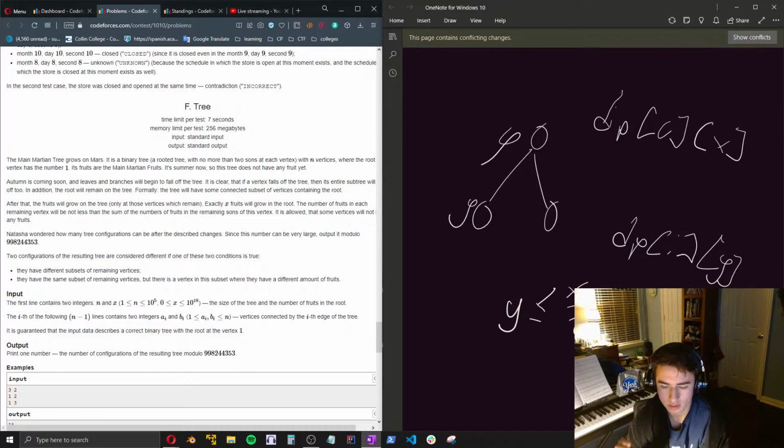Or let's just call this Y. This will go to dp of X plus... So you have the sum of the subtree in here is Y, and the sum of the current node plus it equals Y2. So it's 2 times Y.